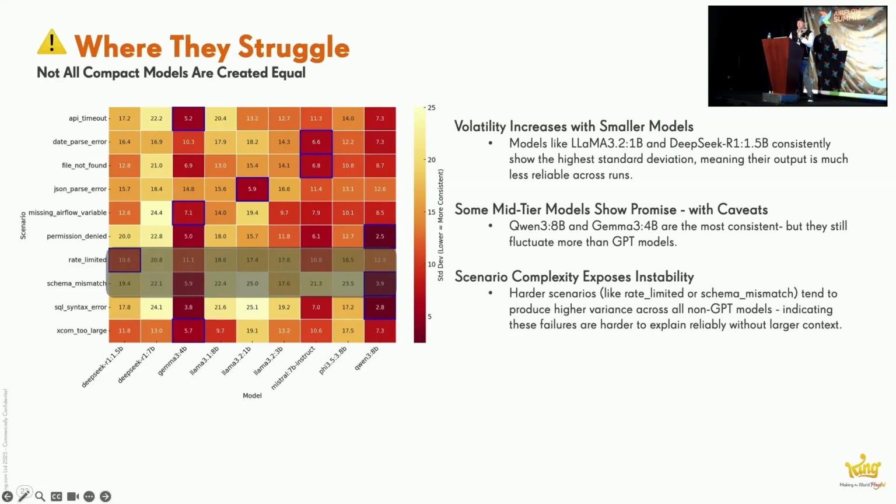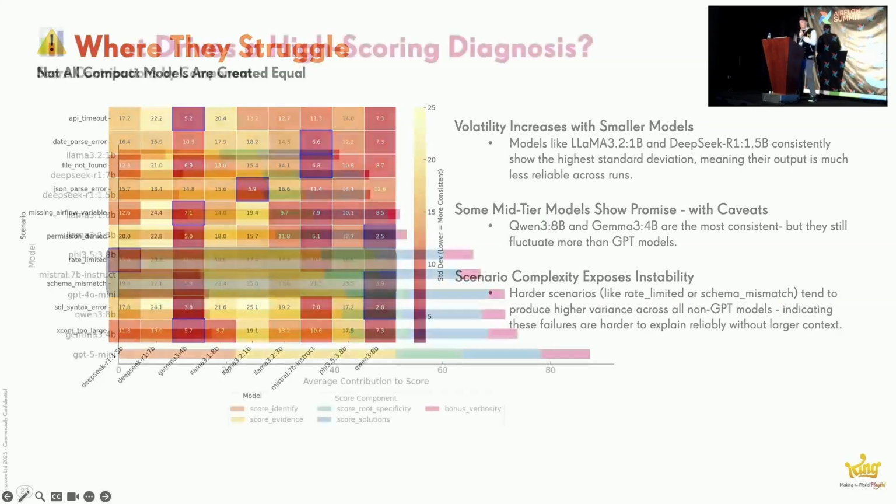And what's interesting is it seems that the scenario complexity exposes instability. So these rate limited or schema mismatch problems have higher variability, maybe suggesting something requiring deeper reasoning or broader context.